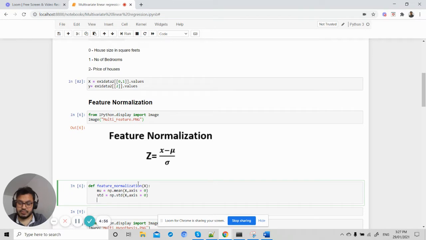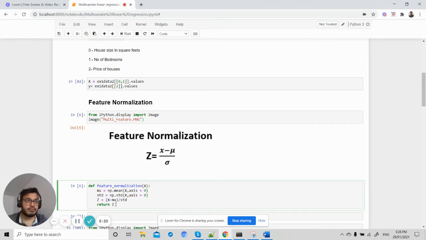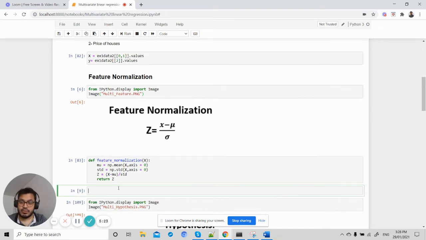Our z score will be x minus mu divided by standard deviation. We will return x norm.